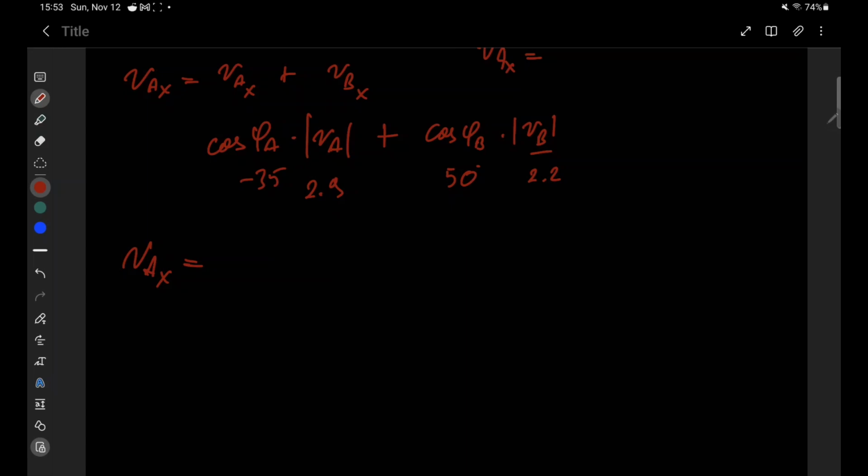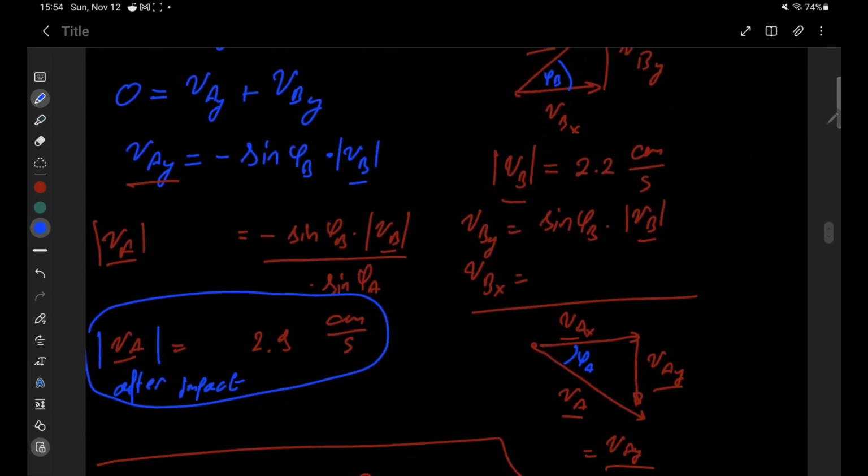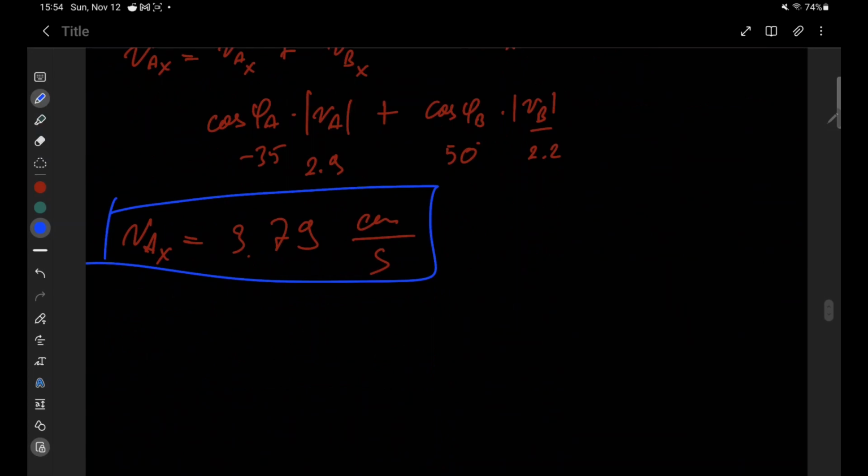So now with the correct angle, we get 3.79 centimeters per second. And there we go, that's the solution. So after impact 2.9, before impact 3.79. That makes sense. If we would have gotten here 1.89, I would have immediately guessed that that's an error.